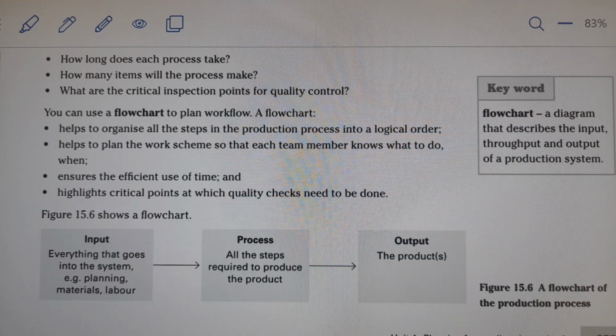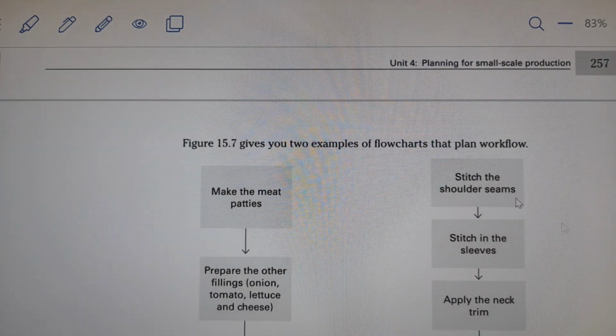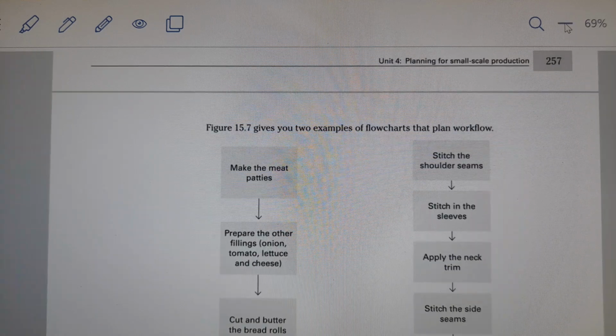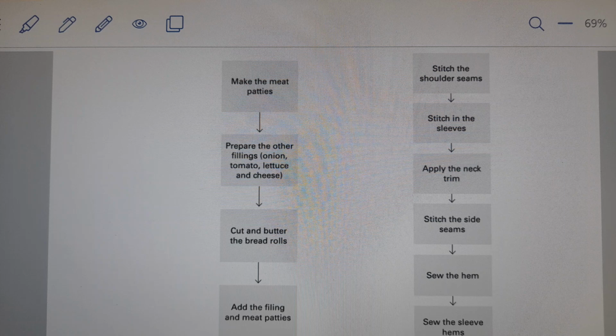In figure 15.7, they give us two examples of flowcharts that plan workflow. This one is for the food production area, and this one is for the textile production area. So these are the flowcharts that you can go through.